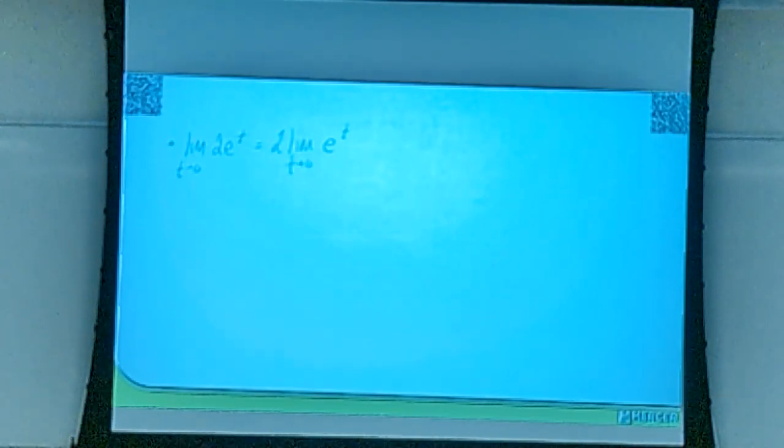Just positive reals? All reals, right? The domain of the exponential function is everything. And functions are continuous over their entire domain, which means it's continuous at 0, which allows us to do that.